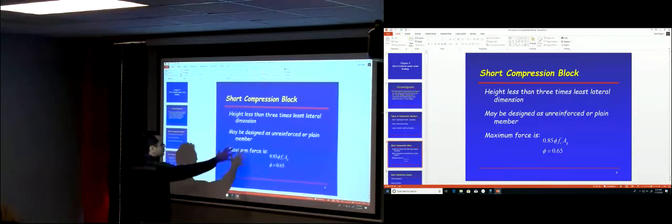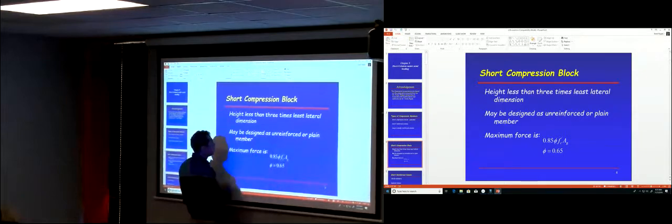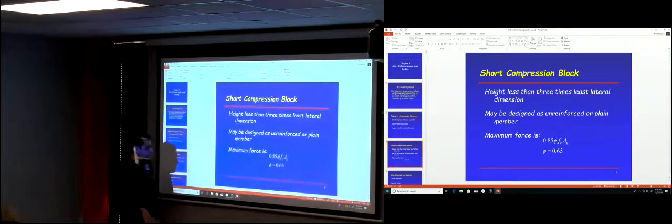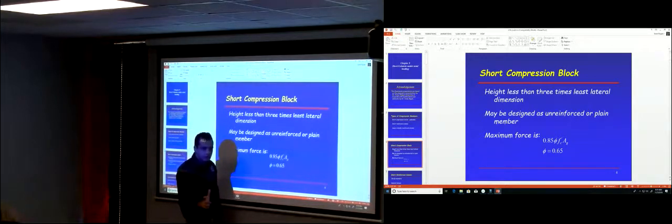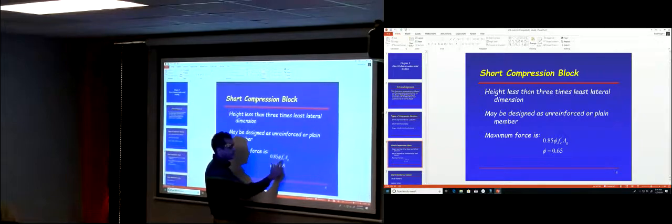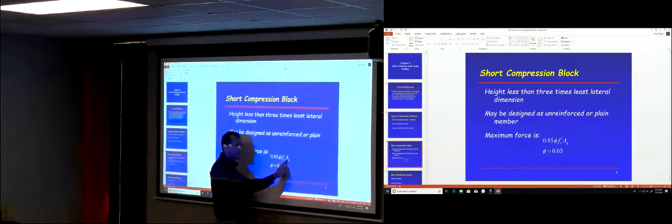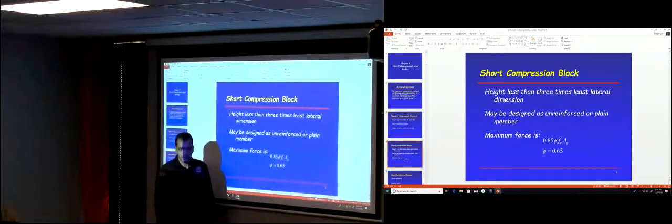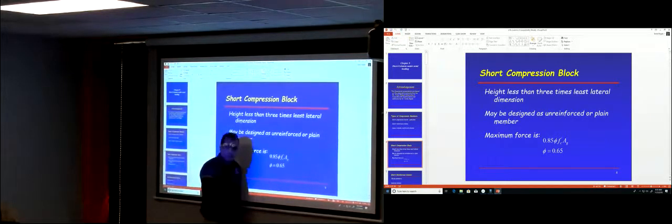So if you have a short compression block, you can design it using just plain concrete, no reinforcement. And the maximum force that can be resisted is the strength of the concrete of that element. So it's the stress 0.85 f'c, that's the strength of the concrete, multiplied by the gross area of that element. And you have to multiply by the strength reduction factor phi, and phi in that case is 0.65.